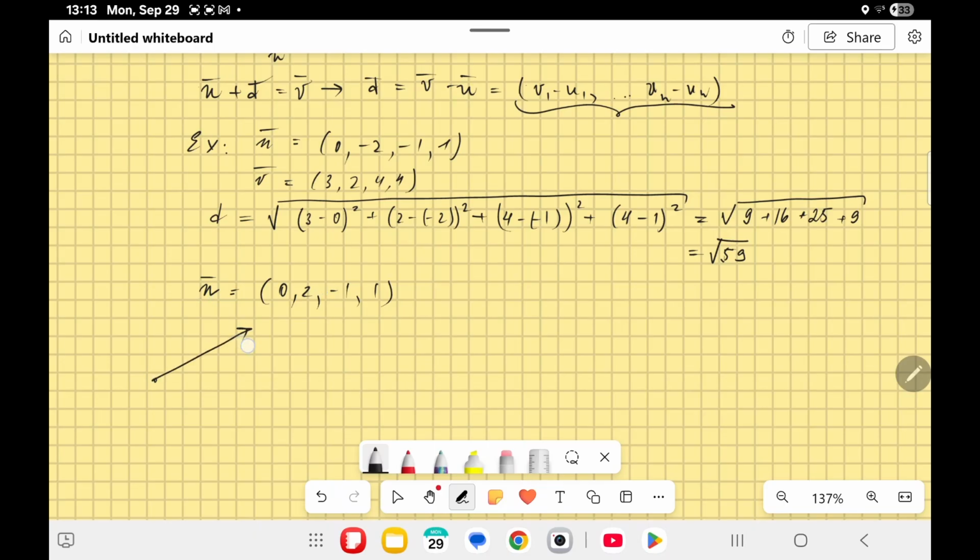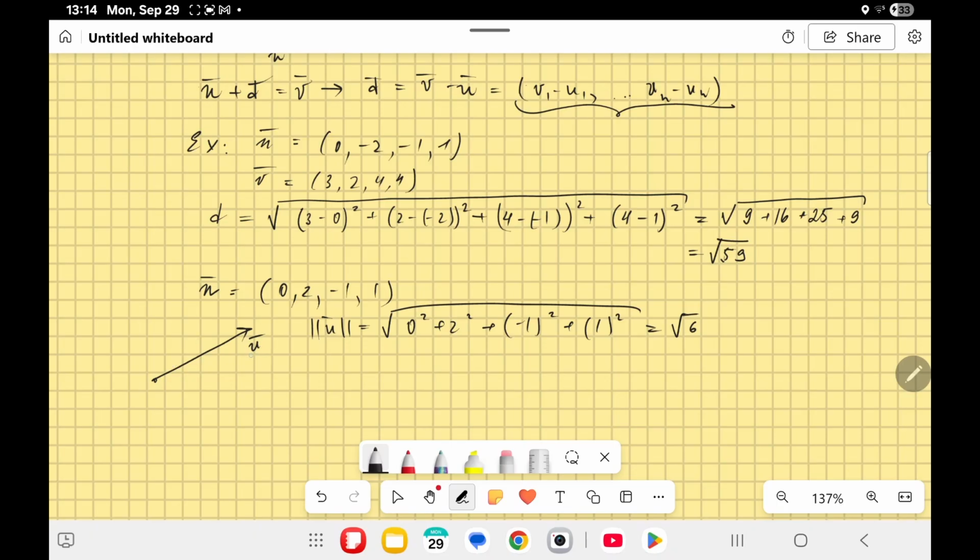So that's vector u, and this vector u is going to have some norm, right? The norm of this vector u is going to be 0 squared plus 2 squared plus minus 1 squared and plus 1 squared. So we have 4 plus 1 plus 1, the square root of 6, I guess, right? So that's the length of the vector, square root of 6 centimeters.